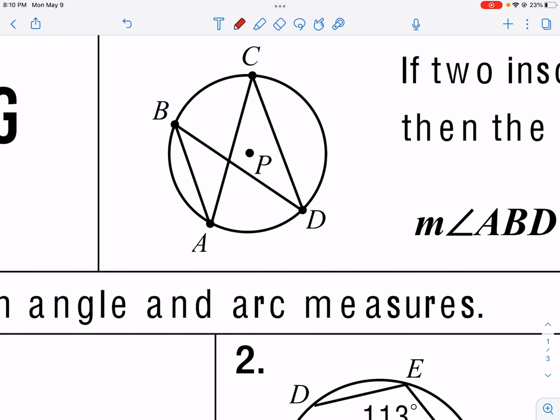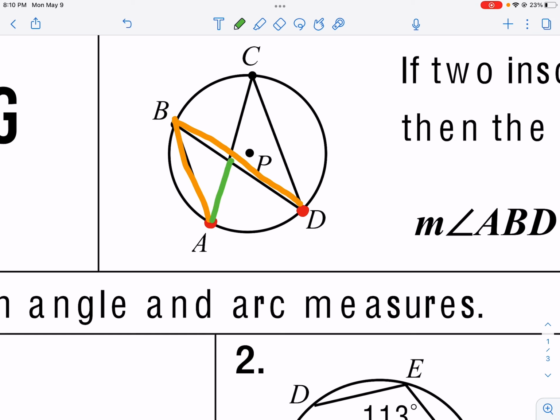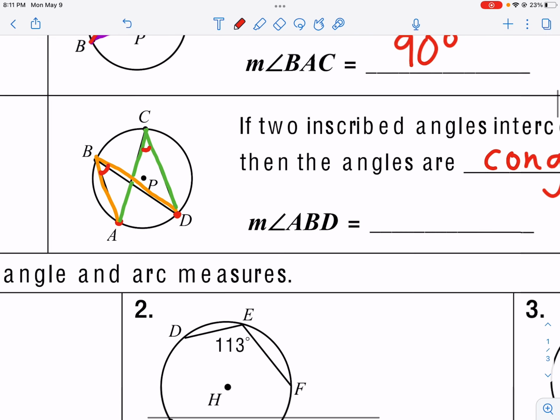It uses the same endpoints A and D as angle ACD. They also use the same two red endpoints. That means the two inscribed angles are equal to each other. So angle ABD is equal to angle ACD.